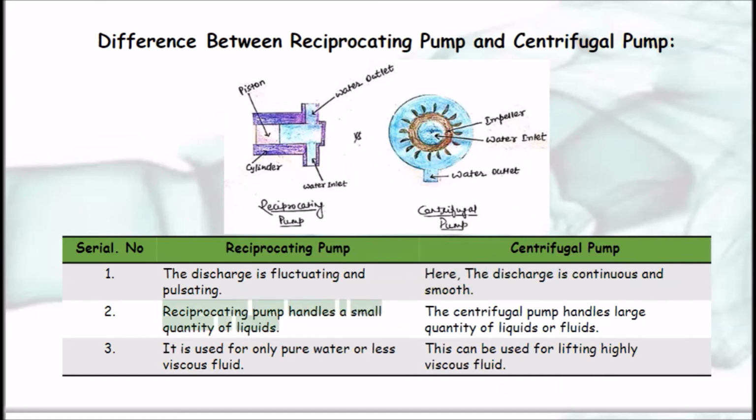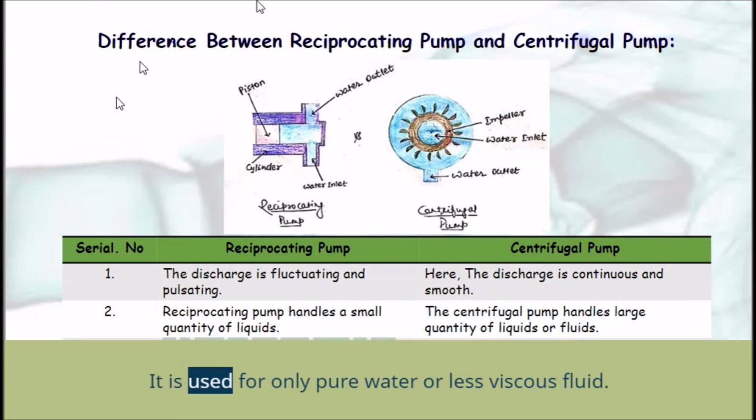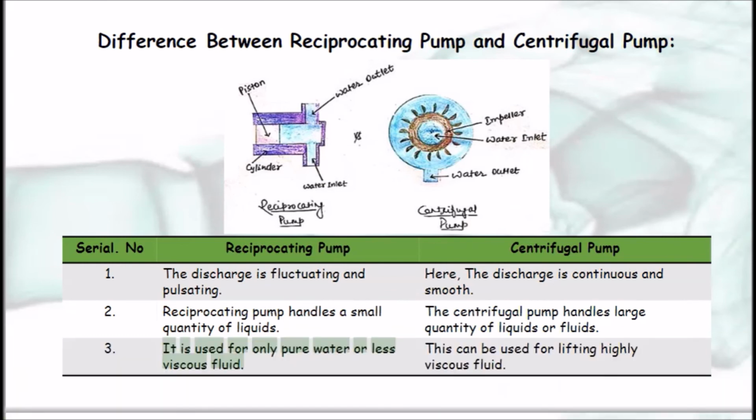Two. Reciprocating pump handles a small quantity of liquids. The centrifugal pump handles a large quantity of liquids or fluids. Three. It is used for only pure water or less viscous fluid. This can be used for lifting highly viscous fluid.